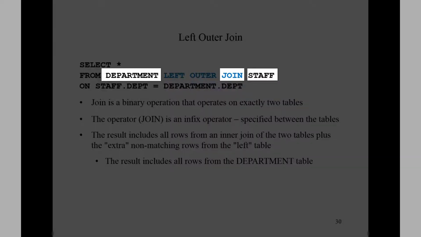So we're saying department join staff, but we're also saying this is an outer join. Furthermore, we noted that there are three types of outer join: left outer join, right outer join, full outer join. Here we're specifying left outer join.